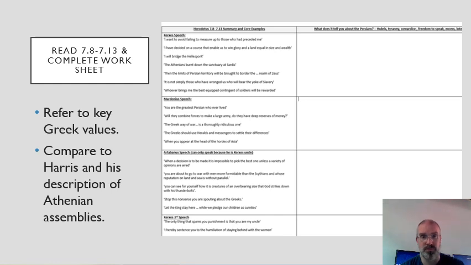By the time you've read 7.8, really thought about the analysis, and written up answers, that could easily be 10, 15 minutes. So try and use terminology that's appropriate, so isogoria or isonomia or eleutheria if you can. Stop for 10, 15 minutes, or however long it takes, and complete the top box in the worksheet.